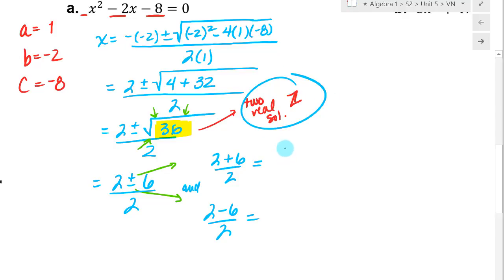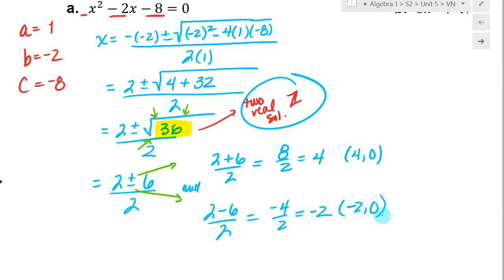So 2 plus 6, right, if we're keeping it simple, is 8 divided by 2, which is 4, and 2 minus 6 is going to be negative 4 divided by 2, or negative 2, and then we're going to turn those into the intercepts that they are. And with our rational answers, it's two nice pretty ones, actually integers in this case. So there's our two intercepts. What would we do with those? We'd graph them or apply the information, but we know what these intercepts are now.